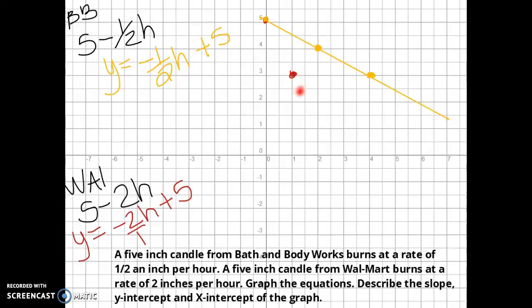Again, down 2, right 1. And now I can put the line for that.